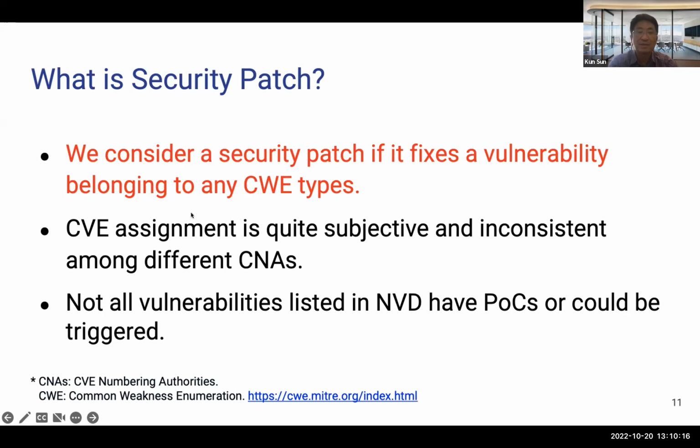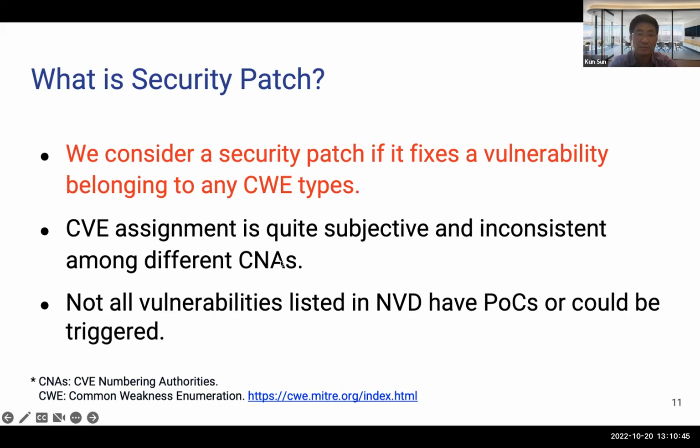And there are some challenges here. Why do we need to clarify what a security patch is? Because the CVE or CWE assignment is quite subjective. It depends on the admin people or maintainers of the different CNAs, the CVE numbering authorities. They can give different categories for those vulnerabilities.